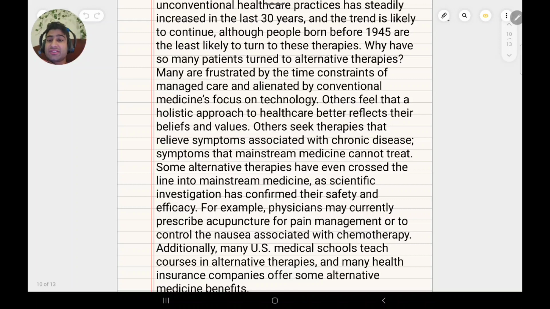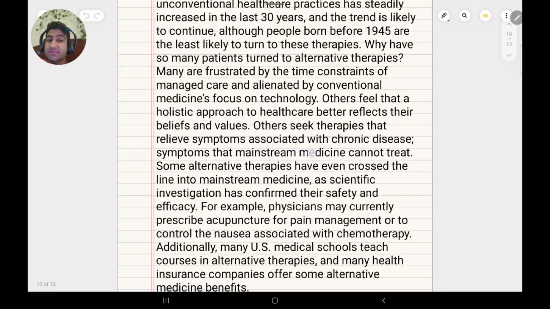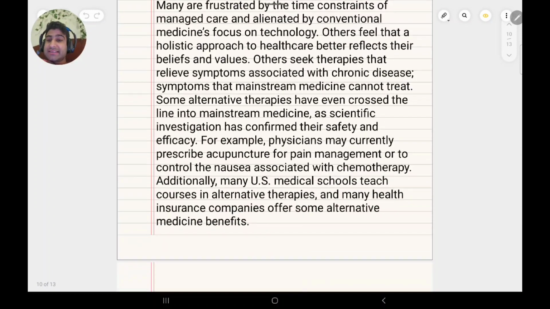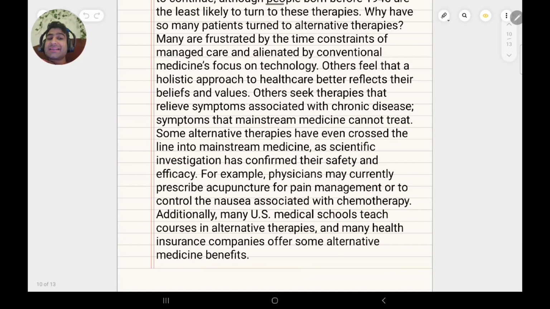Others feel that the holistic approach to healthcare better reflects their beliefs and values. Others seek therapies that relieve symptoms associated with chronic diseases, symptoms that mainstream medicine cannot treat. Means the normal one which cannot treat, that's where they are opting for the alternative ones, unconventional ones.